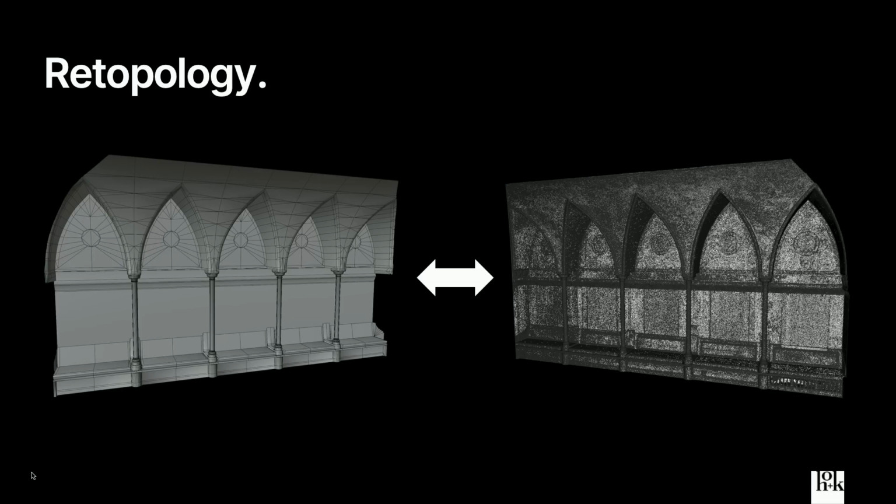So the first step that we go through with these photogrammetry meshes is we do retopology. 90% of the retopology that we've been doing so far in these rooms has been done by hand. We have also explored remeshing and other methods to make the process a bit quicker, but doing it by hand has given us a lot more control over how the model is represented.